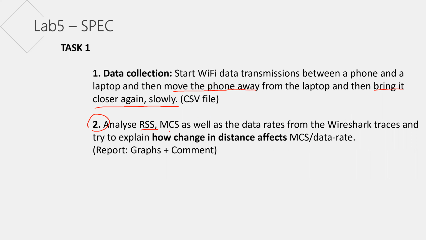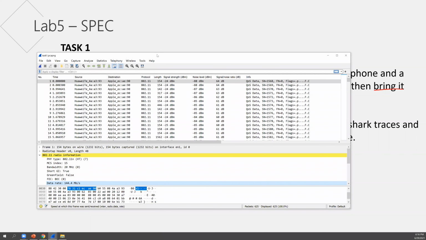Just analyze the RSS, MCS, and the data rates from the trace file, and just describe how the distance affects this kind of stuff. And you may need to plot some graphs and write a commentary. Does that make sense? So let's have a look at some sample of it.